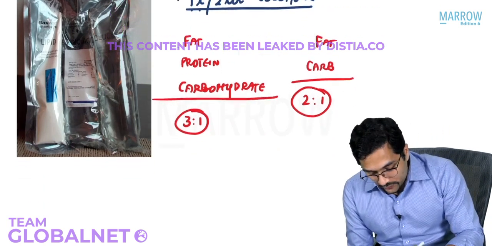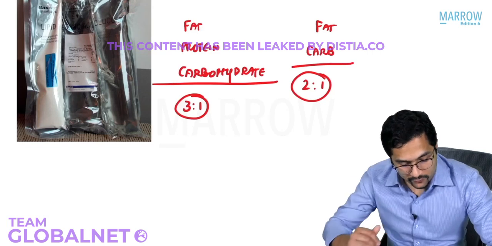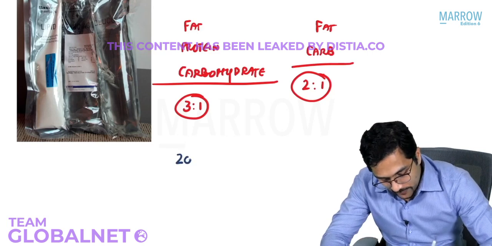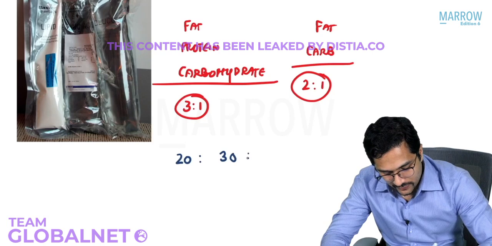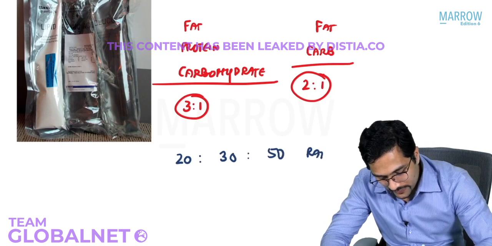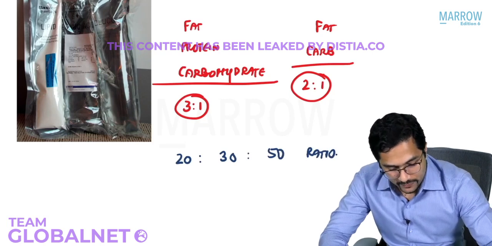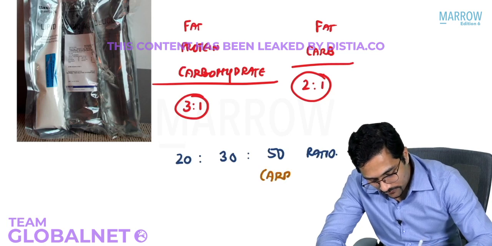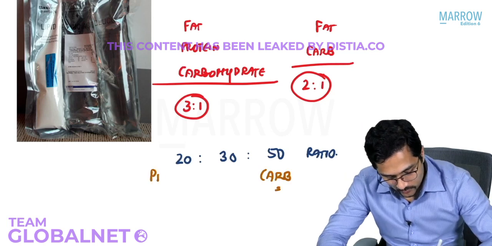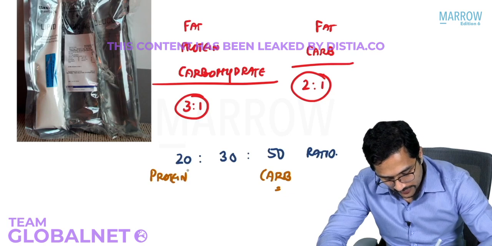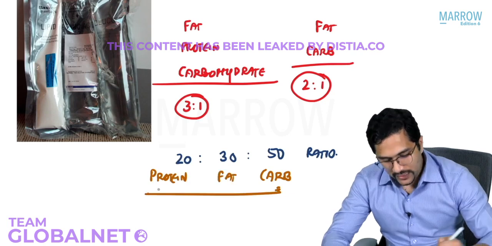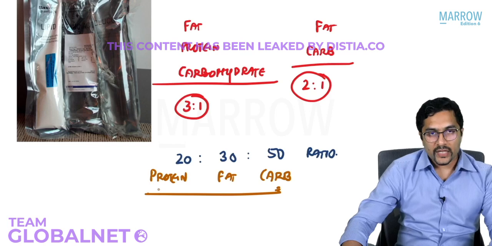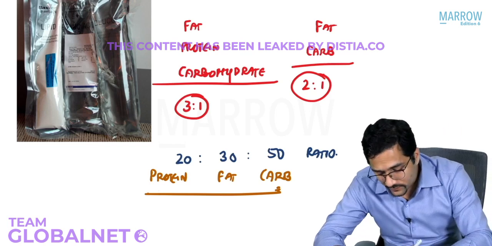Now the composition of the TPN, the commonly used composition is the 20-30-50 ratio, where 50% is carbohydrate, 20% is protein, and 30% is fat. So that is the ratio of fat, carbohydrate, and protein in a TPN solution.